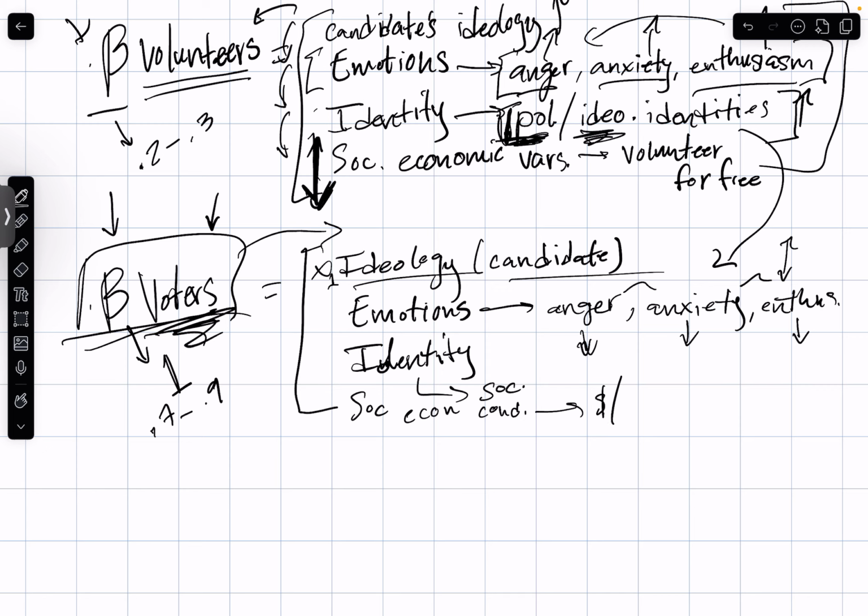Secondly, you have the systematic elements to this, right? And this also applies to volunteers. The systematic element of socioeconomic conditions is that these are conditions across different communities or society overall. And that means we're not only talking about the socioeconomic conditions of one person, we're talking about a lot of people, okay?